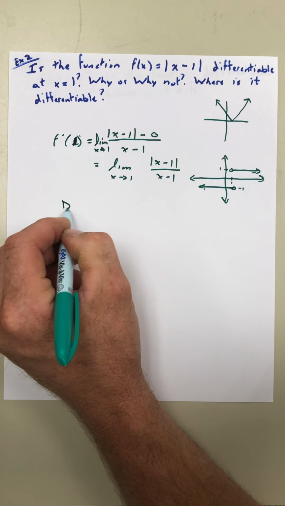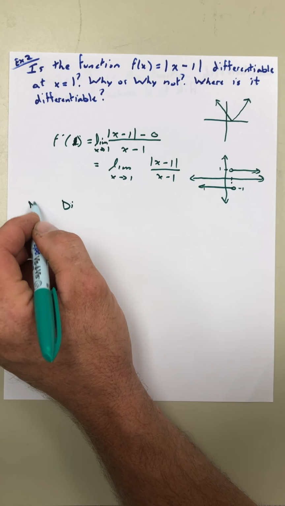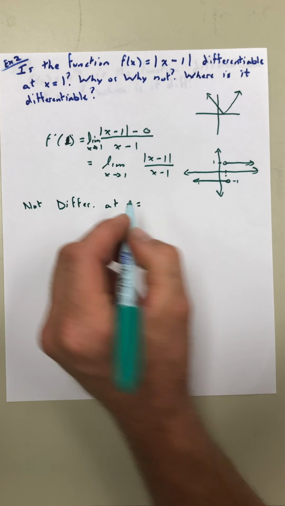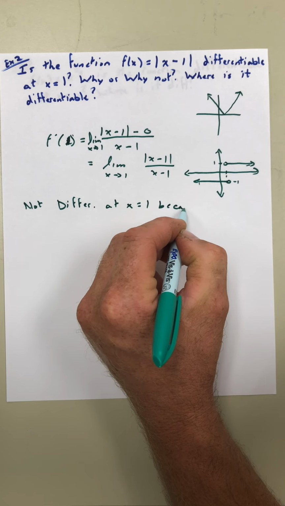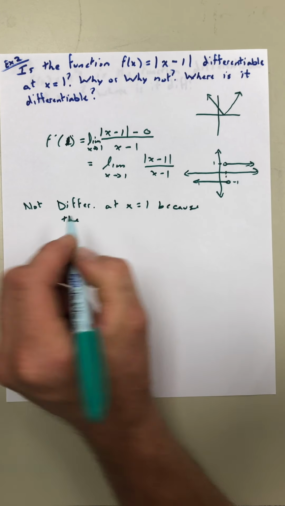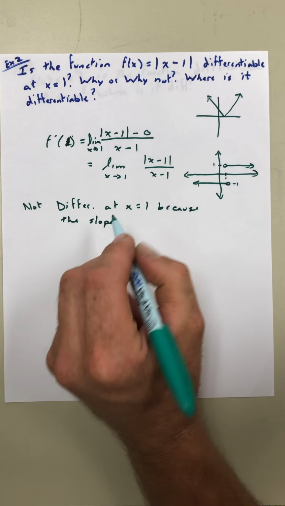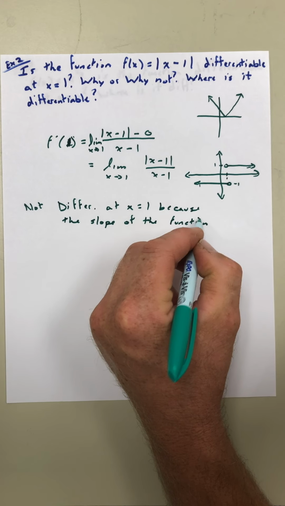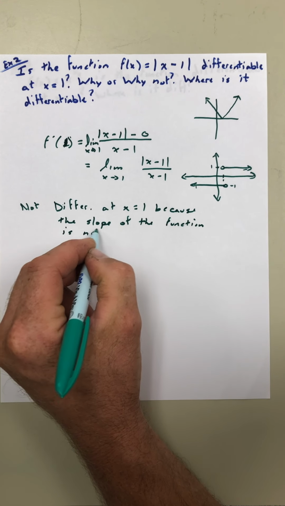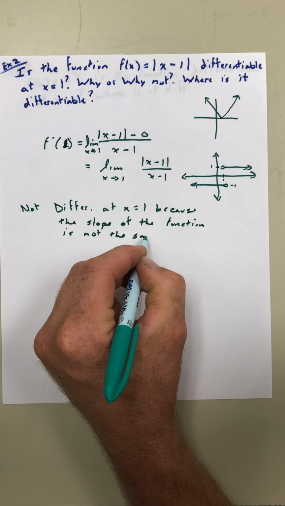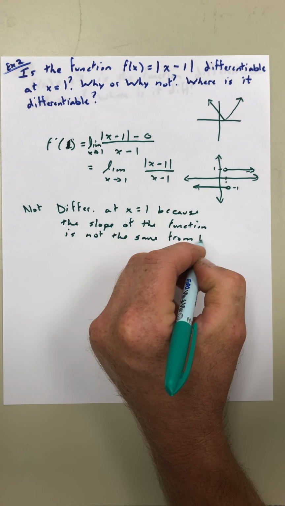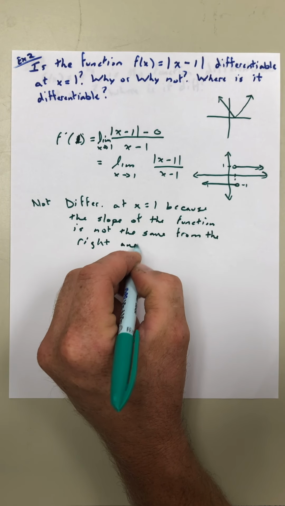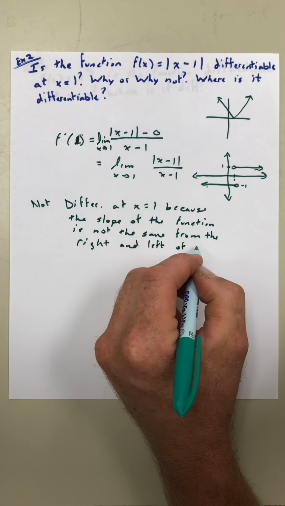So we say this is not differentiable at x equals 1 because the slope of the function is not the same from the right and left side of 1.